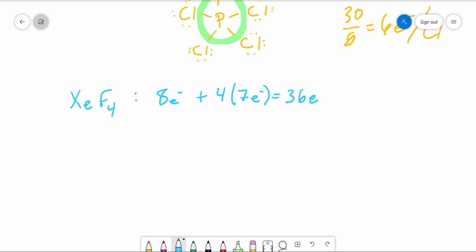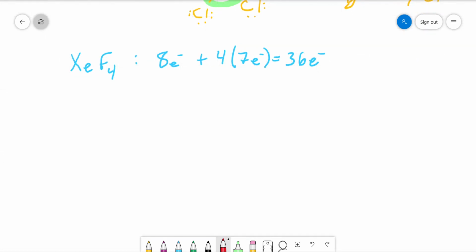So here we have 36 electrons. Go ahead and do our Lewis structure. Xenon in the middle there. Fluorine, fluorine, fluorine, and fluorine. And that is a total of 8 electrons used. So that leaves me with 28 electrons, okay? Now if I fill the octets on the fluorine, let's just see what happens.